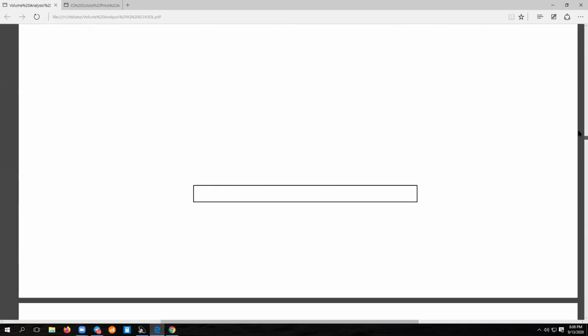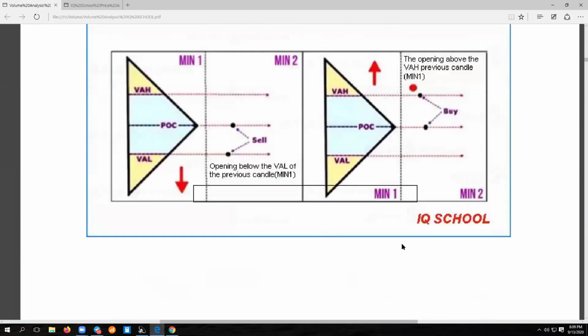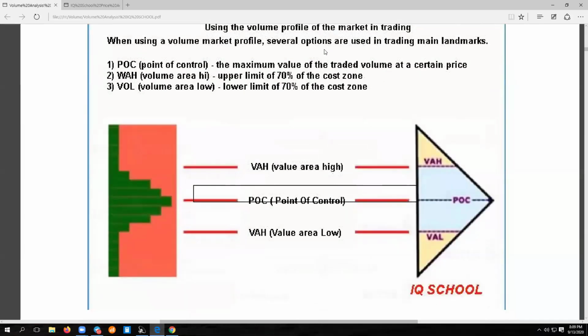If you learn this, you can apply the same method on forex. This is forex analysis, and we will apply it to binary options, same thing. Every professional trader uses this method, only this. Look, this is the high volume node.